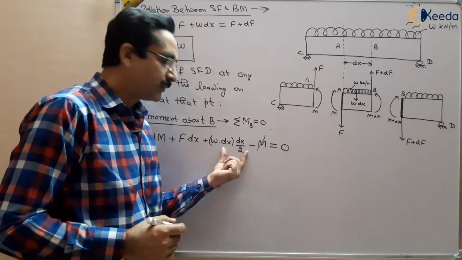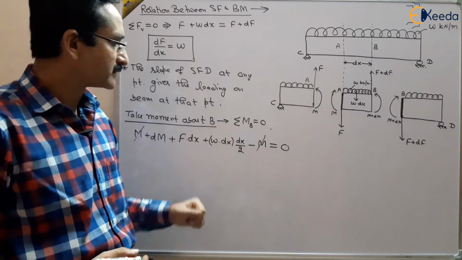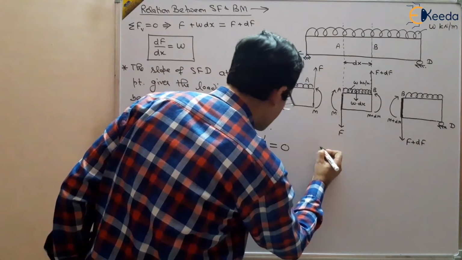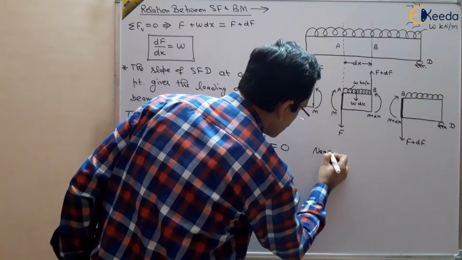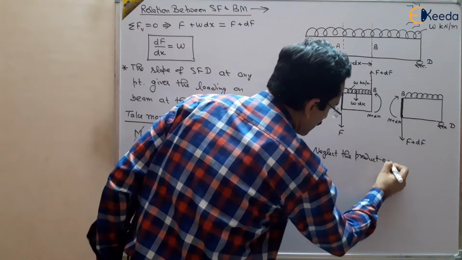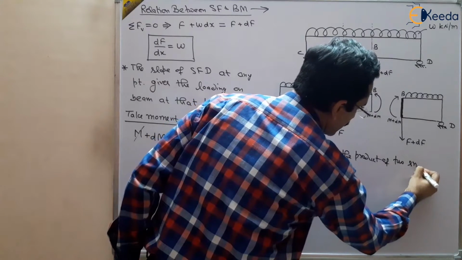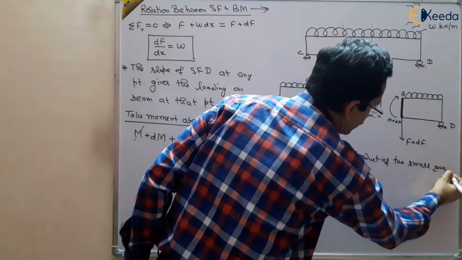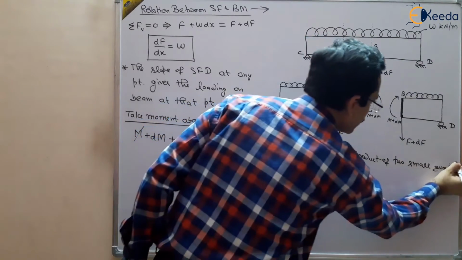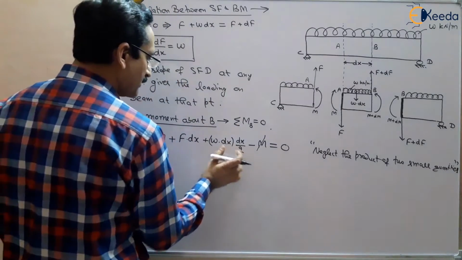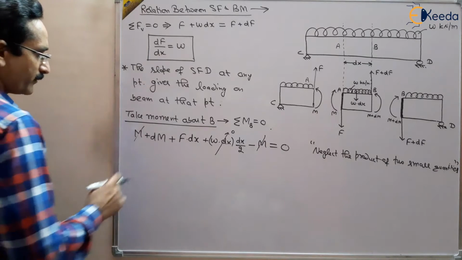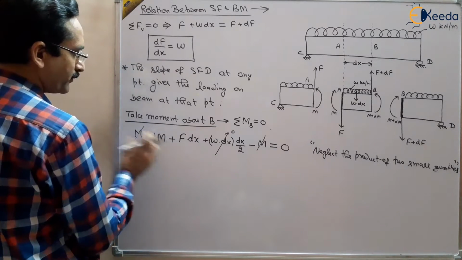Now there is a multiplication of two quantities, dx and dx. You can neglect the product of two small quantities like dx and dx here. What else is remaining? F dx and dM.